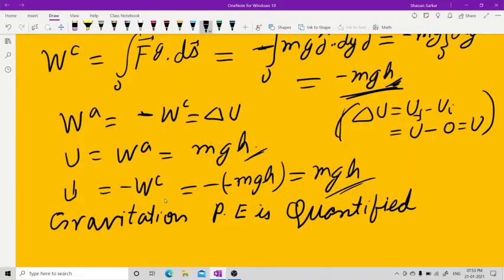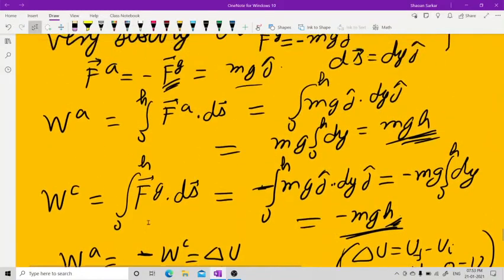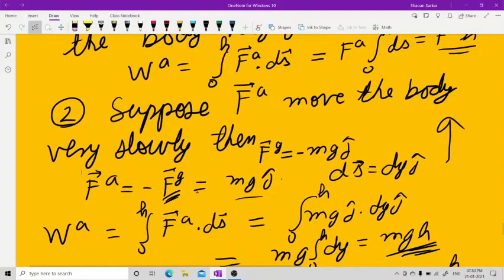Now the point is, this mgh expression is valid only if the body is within a certain part of the earth. If you go up in space, then this expression won't work.